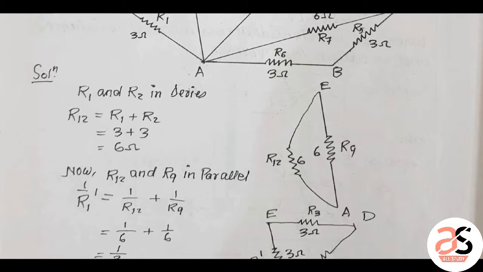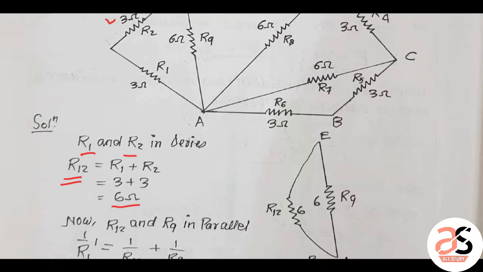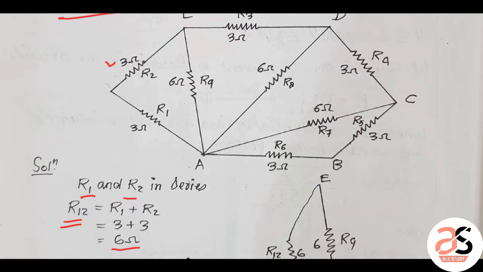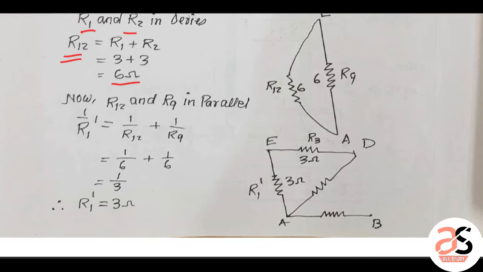So here R1 and R2 are in series. Their total value is R1 plus R2, which is 6 ohm. We can name this by any name, so I have named it R12. This circuit can be replaced by R12 here.